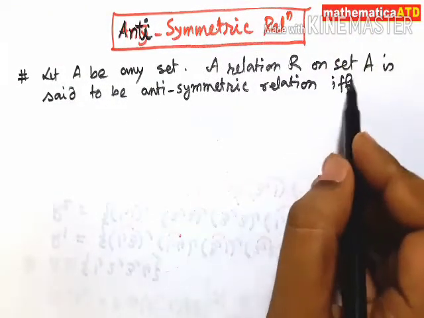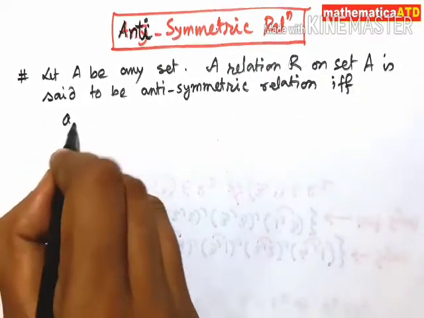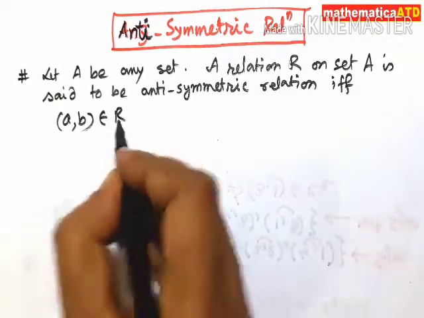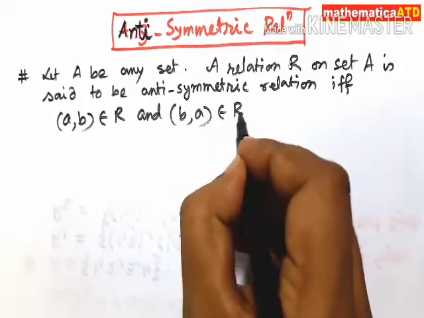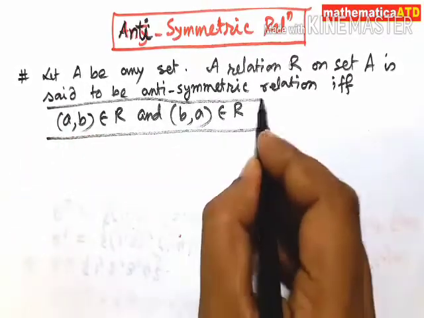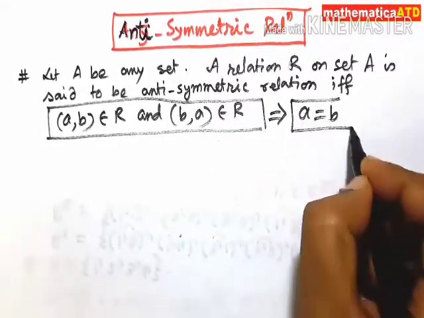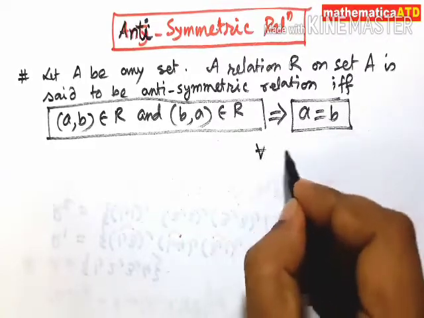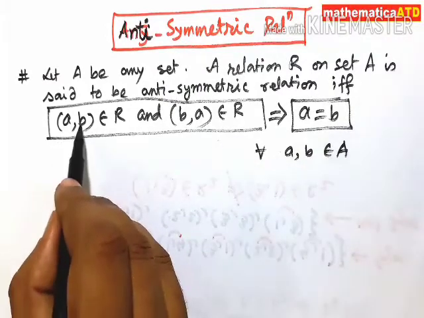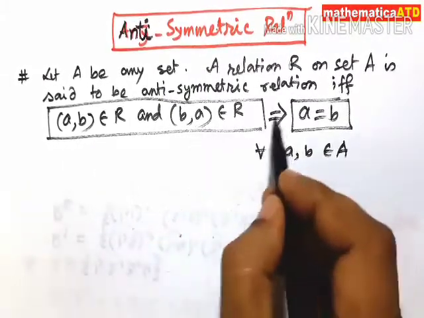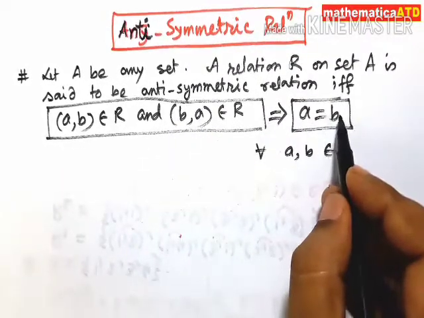A relation R on a set A is said to be antisymmetric if and only if the ordered pair (a, b) belongs to R and the ordered pair (b, a) belongs to R together imply that a is equal to b, for all a, b belong to the set A. They are equal to each other.